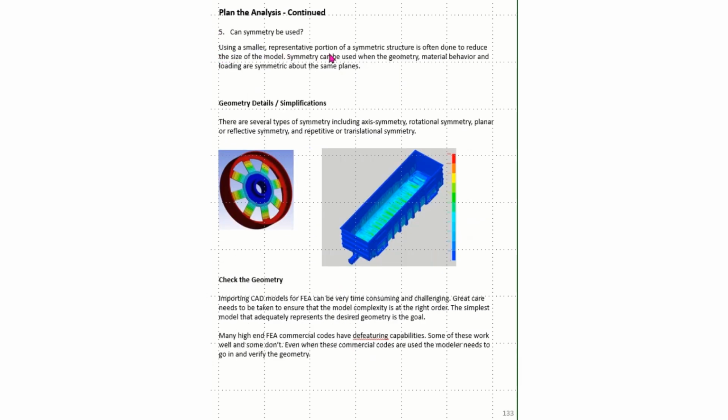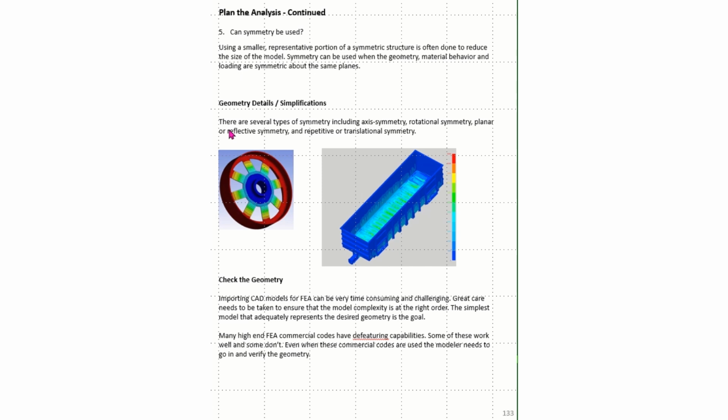Using a smaller representative portion of a symmetric structure is often done to reduce the size of the model. Symmetry can be used when the geometry, material behavior, and loading are symmetric about the same planes. So just because you have geometry symmetry doesn't necessarily mean that you can have model symmetry, because you might have different material behavior or non-symmetric loading.